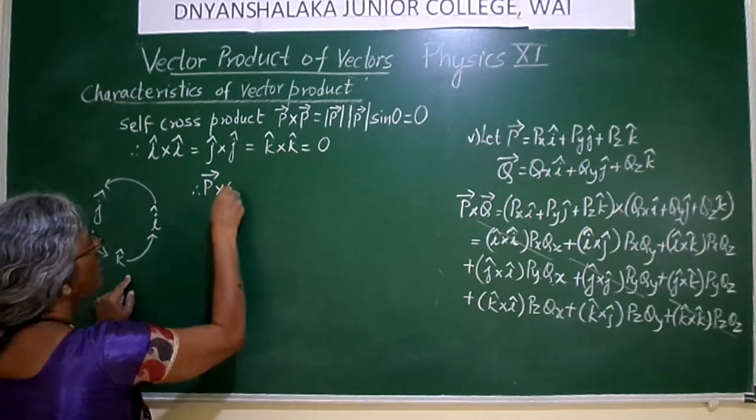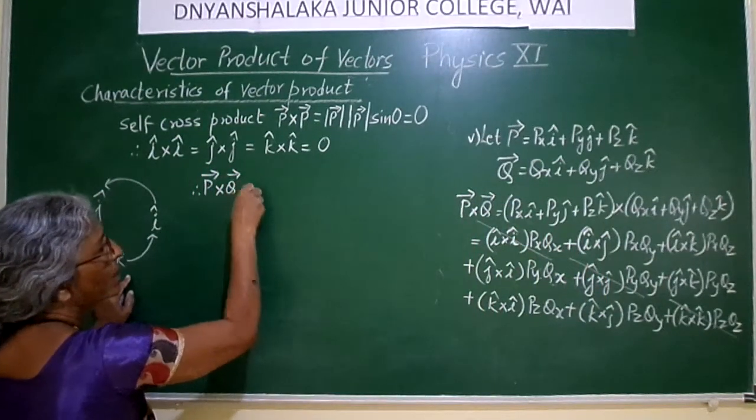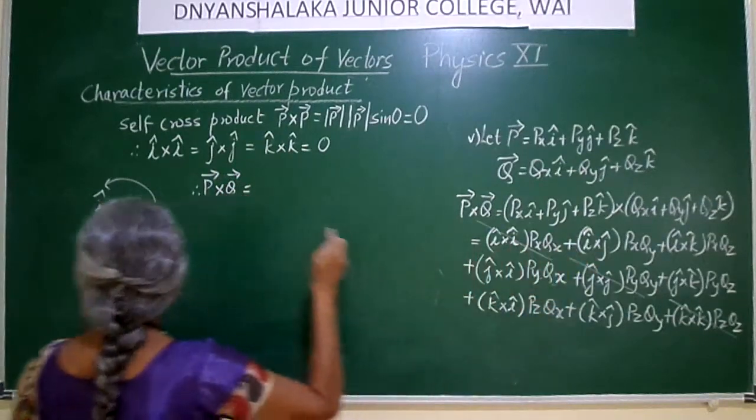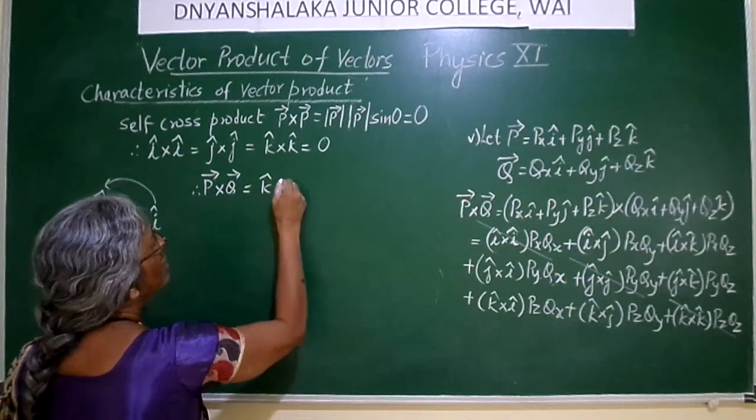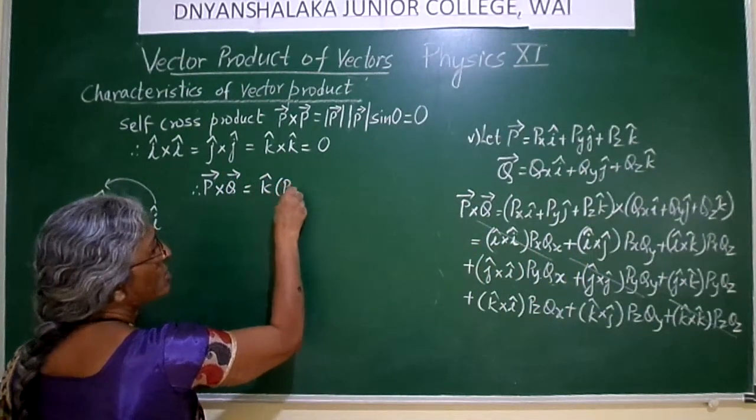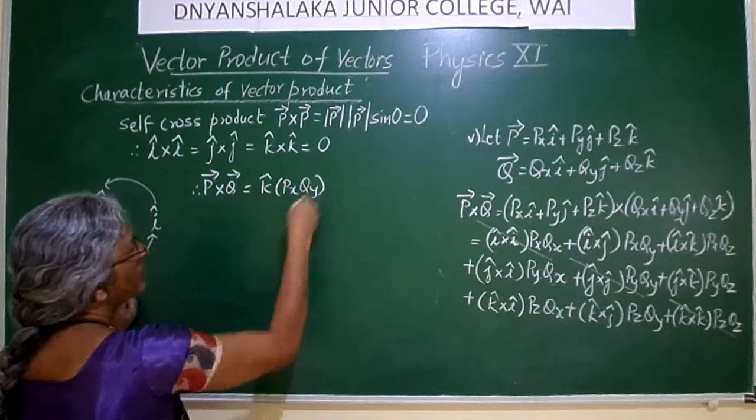Vector p cross vector q will be equal to vector k into px qy.